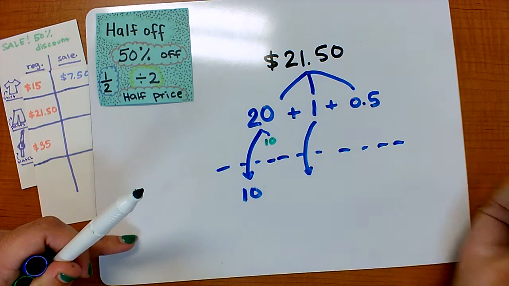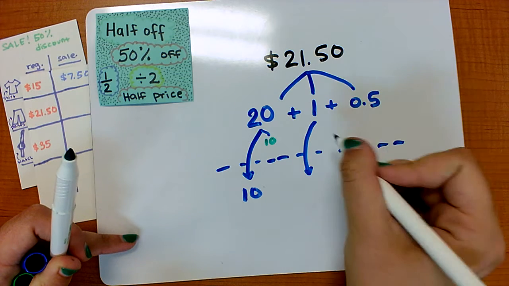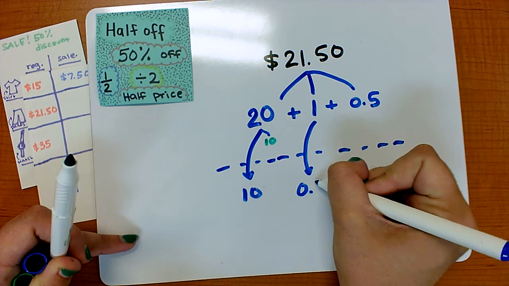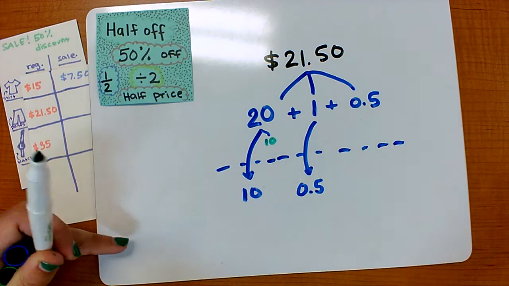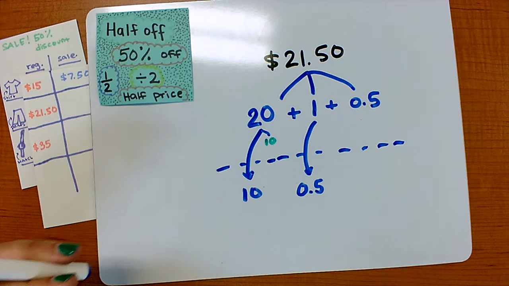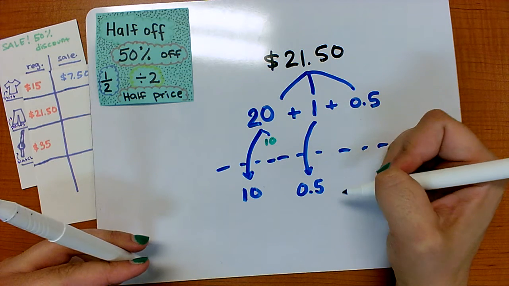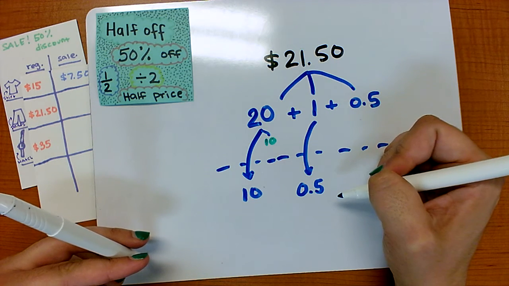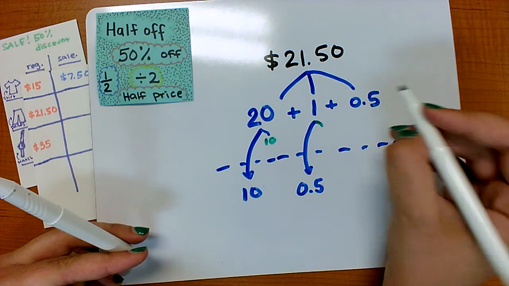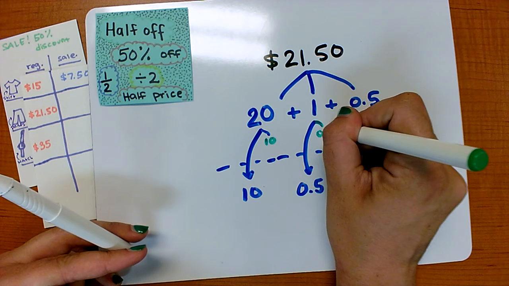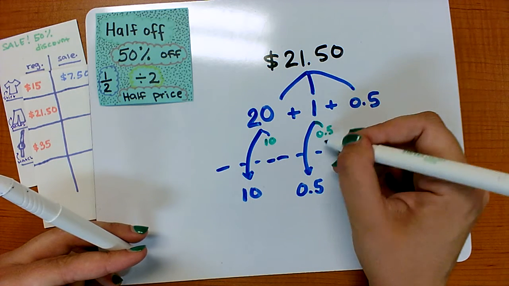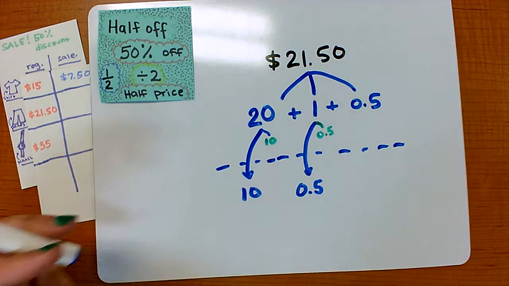1 gets split into a half and a half. Be very careful how you write it, because if you get your decimal point messed up, it's the difference between 50 cents, 5 cents, and $5. Here's the other half that we're going to use when we check. 0.5 plus 0.5 is 1.